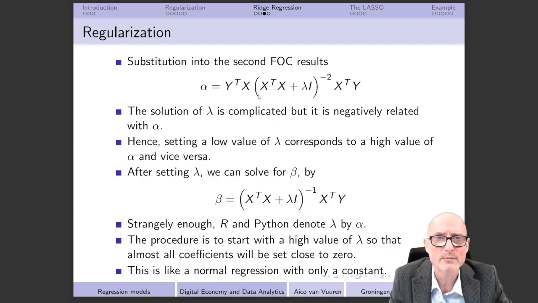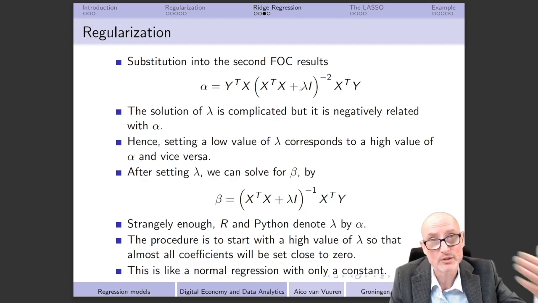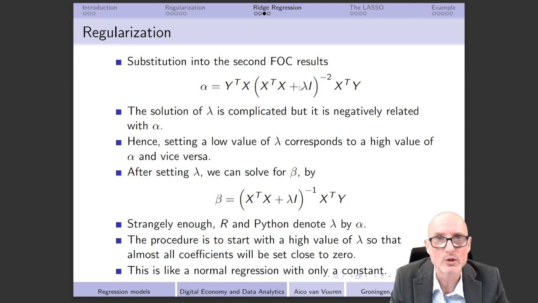The reason behind that is because lambda is in the denominator here at the right hand side. So at the moment that alpha is very, very small, in order to get this thing very small at the right hand side, one thing we could do is to increase this lambda, because then the denominator becomes larger.